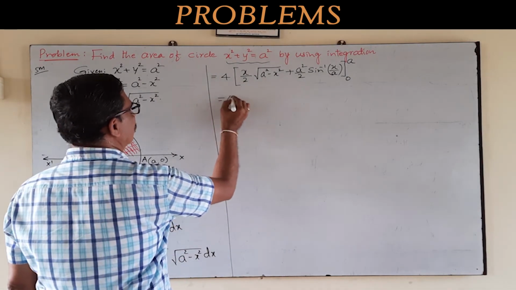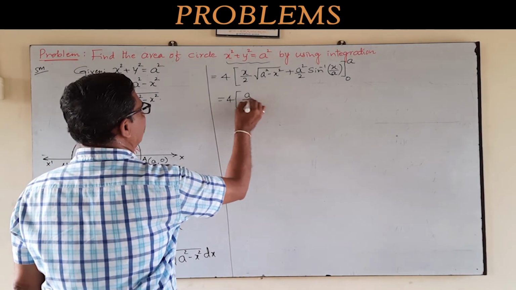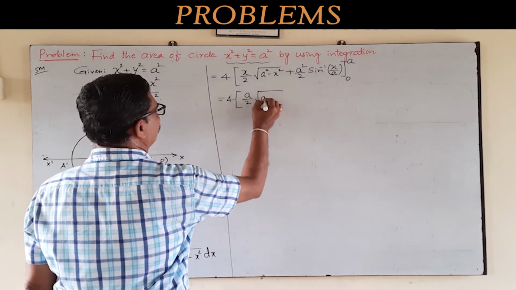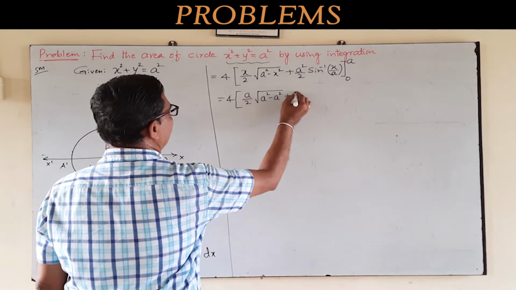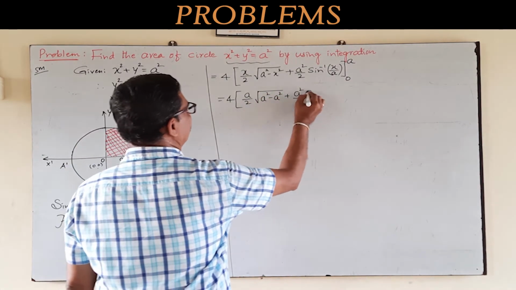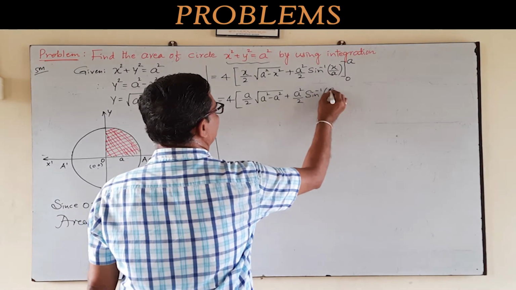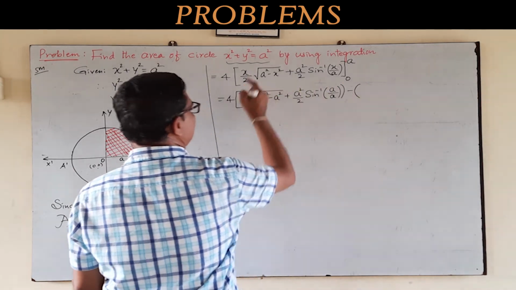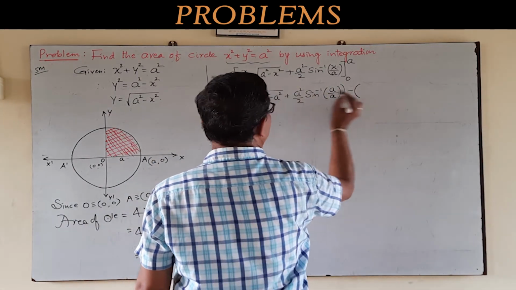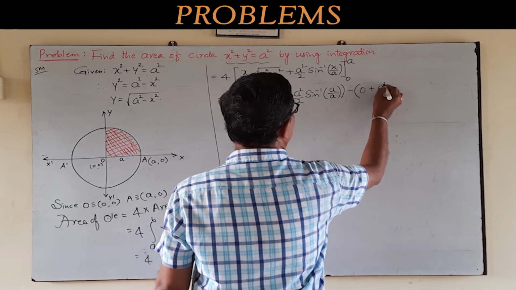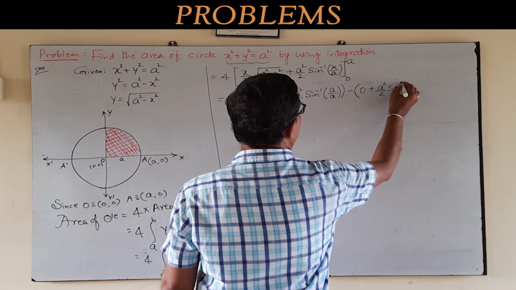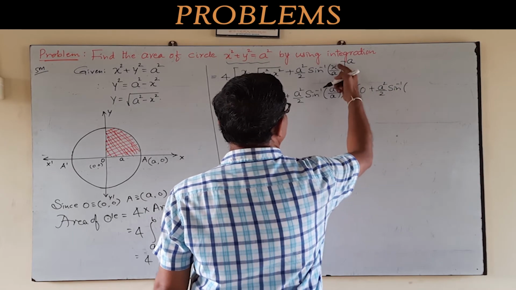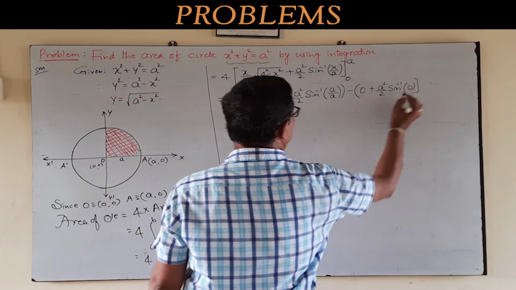Now put x equal to upper limit a: a by 2 under root of a square minus a square plus a square by 2 sin inverse of a by a. This is the upper limit. Minus x equal to lower limit 0 by 2, nothing but 0, plus a square by 2 sin inverse of 0 by a, which becomes 0, right?